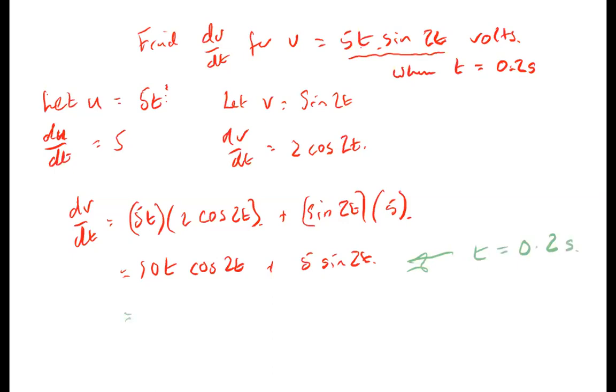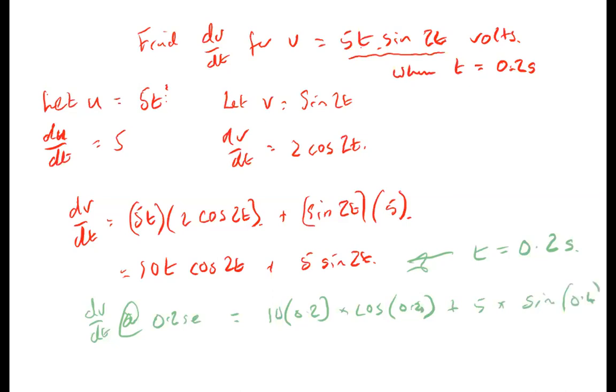So dv by dt at 0.2 seconds equals 10 times 0.2 times the cosine of 0.4 plus 5 times sine 0.4.